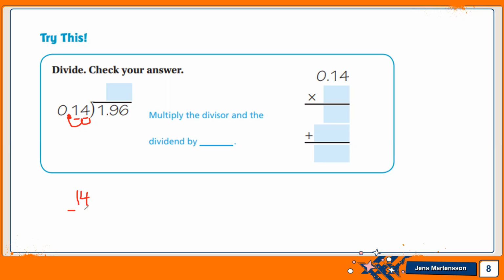Then, since you move the divisor 2 digits, how many digits you will move the dividend? 2. Bravo. So it comes as 196. Now then, 196 divided by 14.